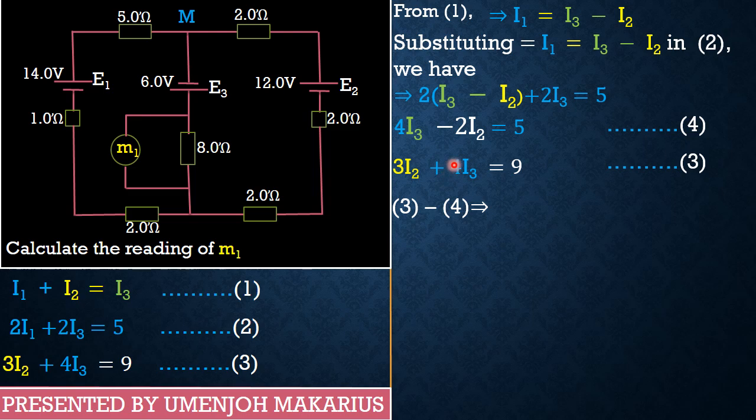We are going to have 4I3 minus 4I3 gives us 0. Then we have 3I2 minus 2I2, which gives us 5I2. Then 9 minus 5 gives us 4. So dividing all through by 5, we are going to have our I2 equal to 4 over 5, which gives us 0.8 amperes.